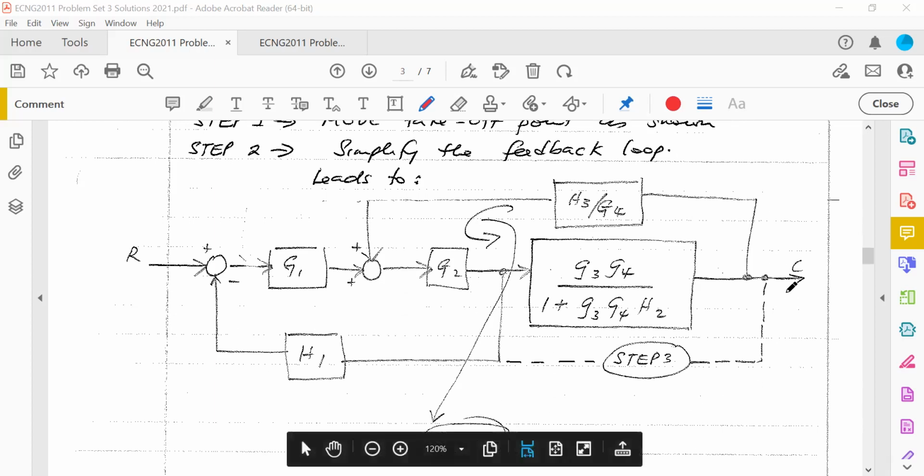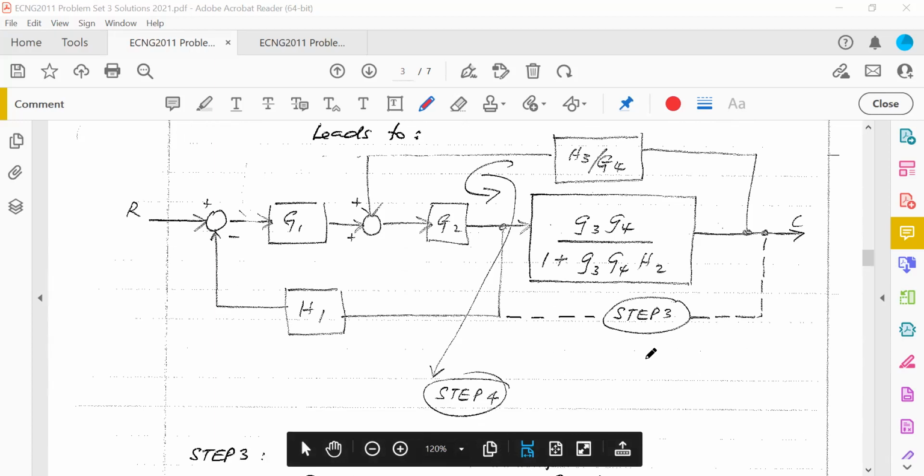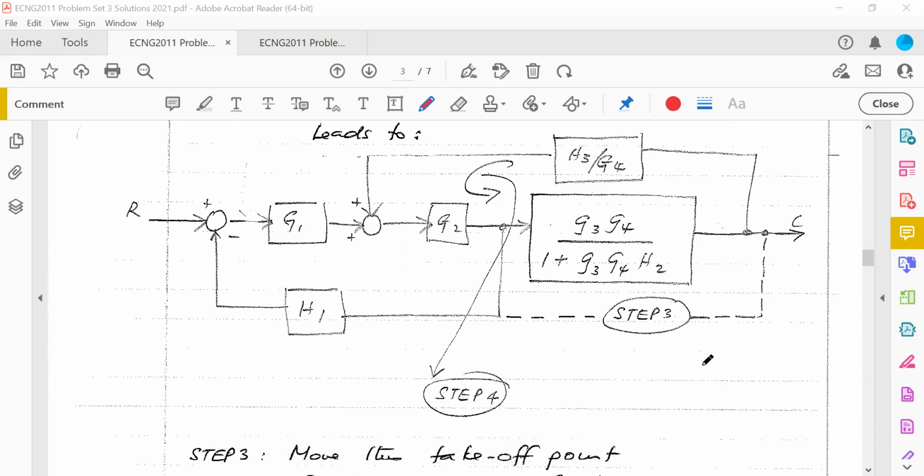So the next step now is, of course, we want to try to get this thing. If you look on top here, the G2, this new block here, and this one here, again, are all in our feedback loop, except for this takeoff point.